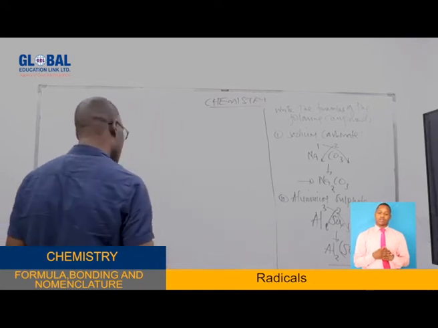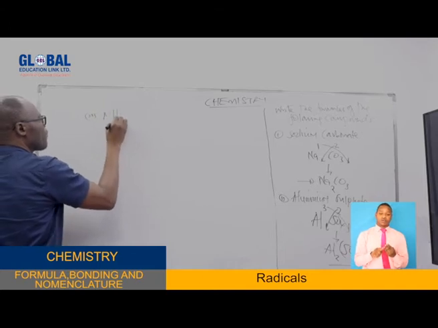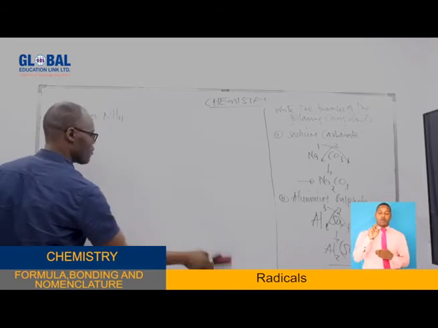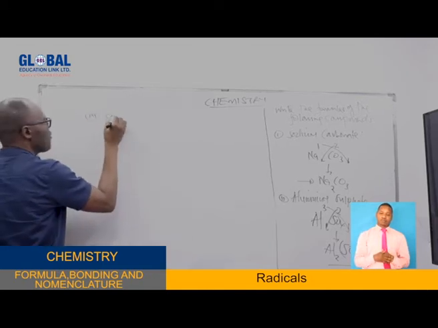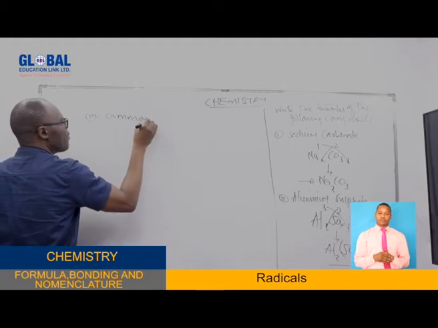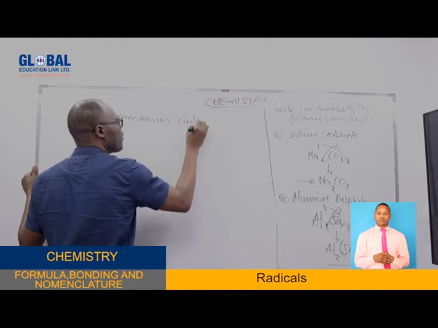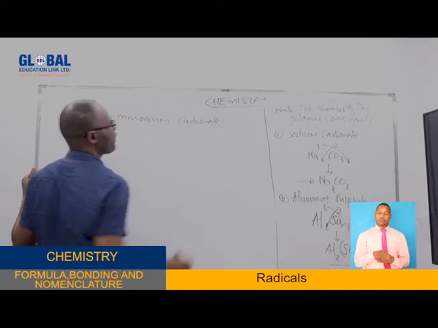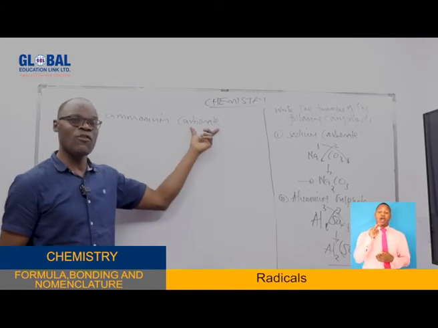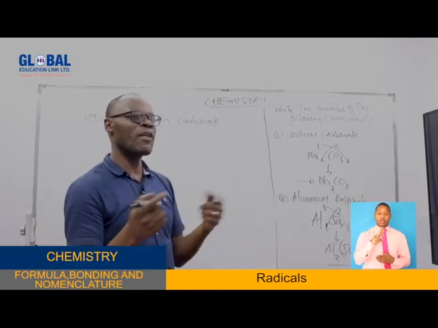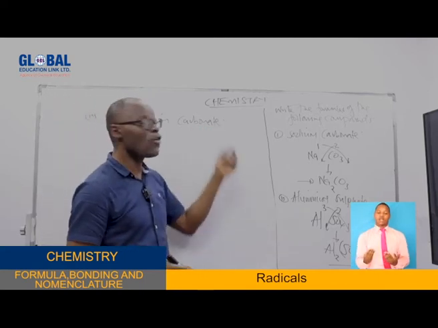How about a third example? Ammonium carbonate. Ammonium is a radical and carbonate is also a radical. But two radicals can combine because the ammonium radical is positively charged and the carbonate radical is negatively charged.